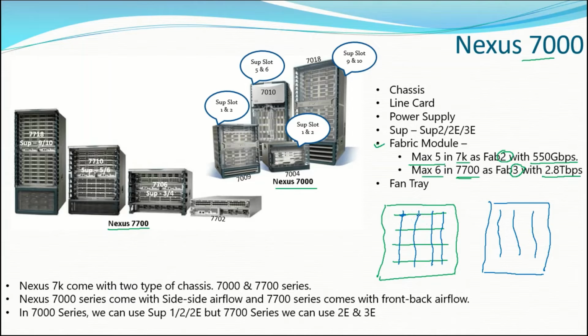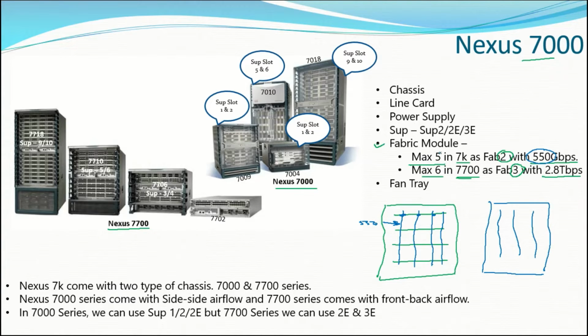These points provide the actual speed connectivity. As I said, one fabric module is providing 550 Gbps per line card in case of 7K. So if it is 7K, then the blue fabric module is providing 550 Gbps to one line card.